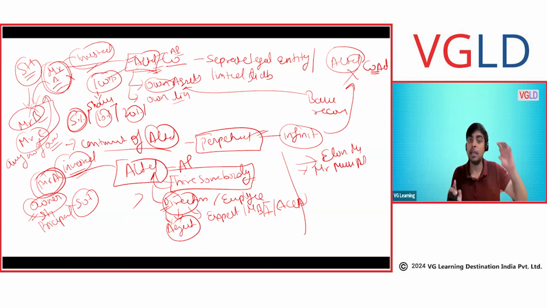They will be the employee. As a shareholder, you can appoint an expert to run the company, or you can run the company yourself as a director. In that case, you will have two capacities: one as a shareholder, one as a director. As a director, you will always be an employee of the company. As a shareholder, you will be the owner of the company. This much clear?